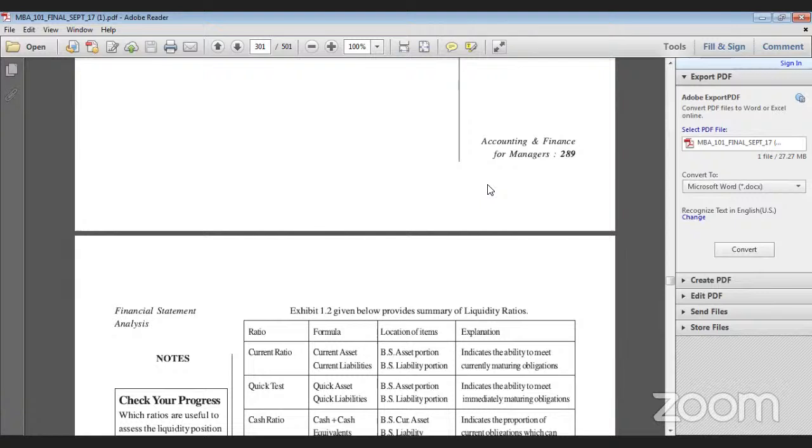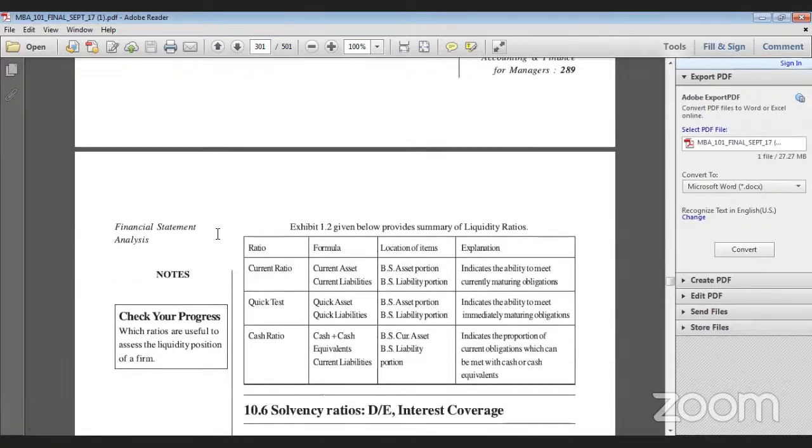These ratios give a very clear idea about our financial position. So these can help very easily.